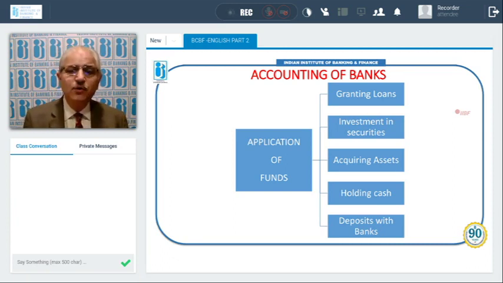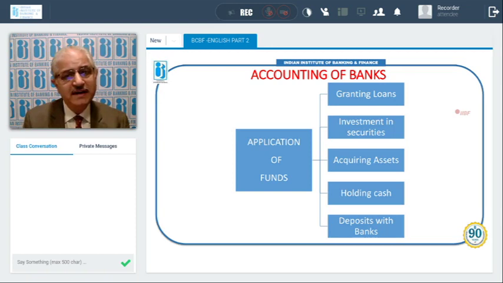So all sorts of loans you are granting. Then banks are also investing in securities. It could be government securities, or if they are having surplus funds, they can also invest in other market instruments. They can invest in mutual funds, they can buy bonds.